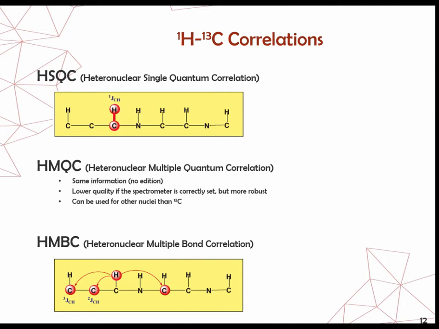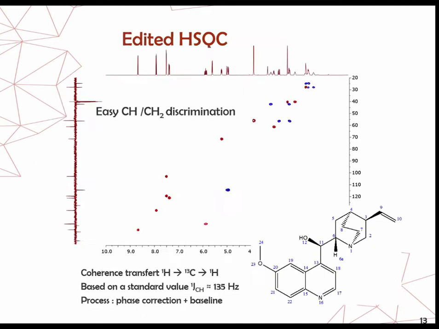I often see samples submitted with very, very long 2D experiments, and usually it's not useful. The standard time for an edited HSQC is now 4 to 5 minutes, because we have improved them.